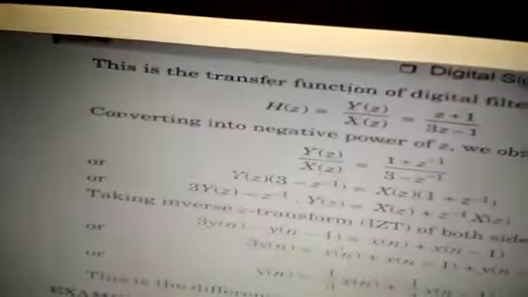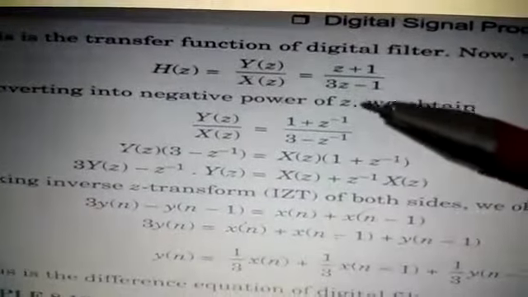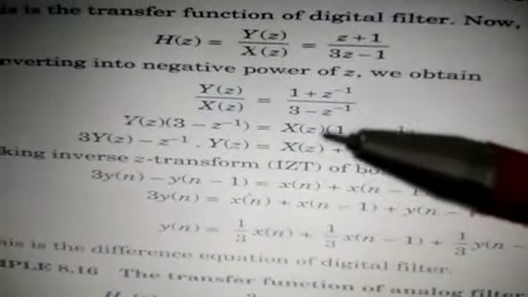Later on, after getting this transfer function, you can write it as y of z upon x of z, that is (z plus 1) upon (3z minus 1). So you can convert this by cross multiplying, putting the y of z terms on the left side and the x of z terms on the right side, and taking the inverse z transform, IZT, of both sides.